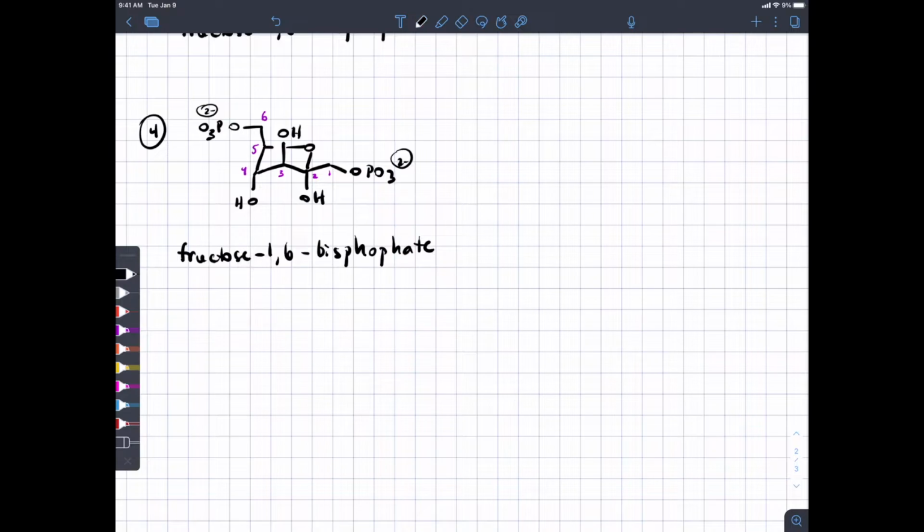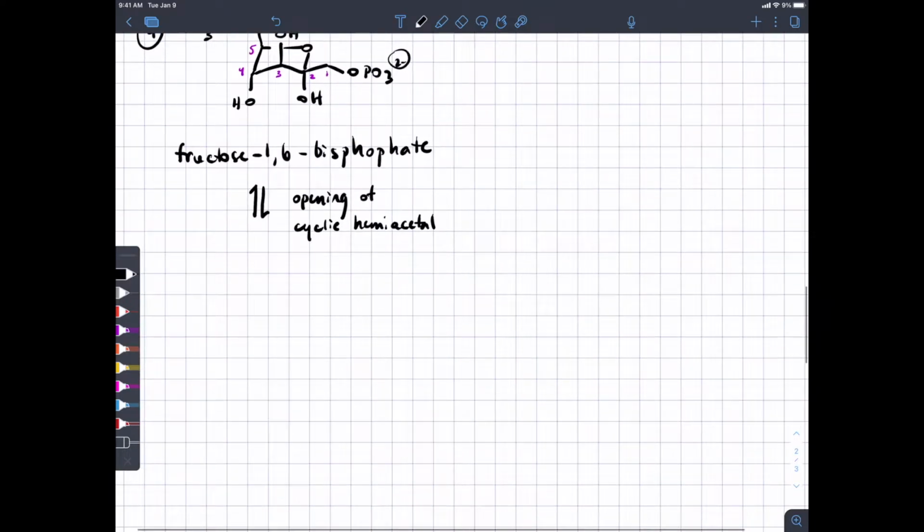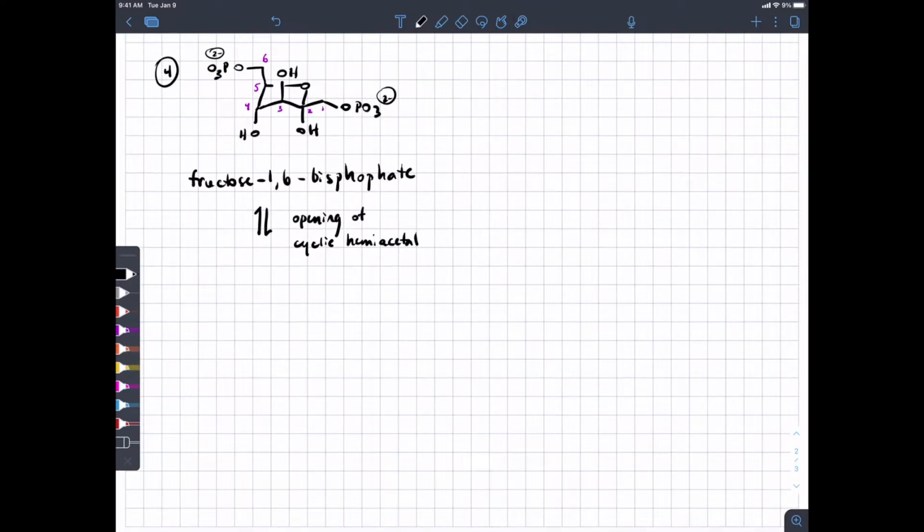The first step of this mechanism is opening of the cyclic hemiacetal. I'm not going to show you that because we've talked about that a lot, and that's a reaction that we did previously, but I will draw the open chain form of fructose 1,6-bisphosphate, and remember it's a ketone.